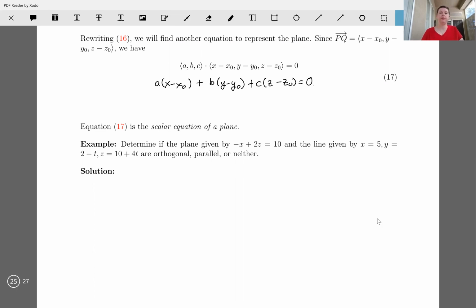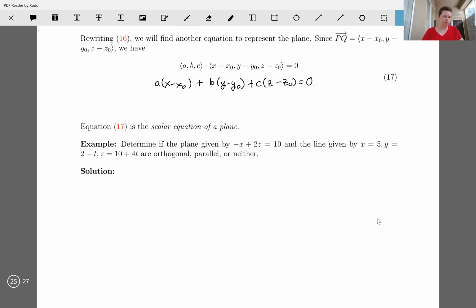We want to determine if the plane given by negative x plus 2z is equal to 10, and the line given by x equals 5, y equals 2 minus t, z equals 10 plus 4t, are orthogonal, parallel, or neither.